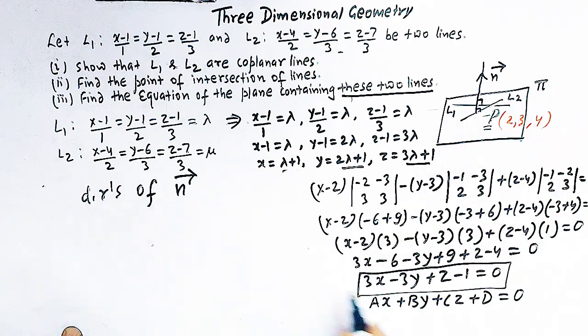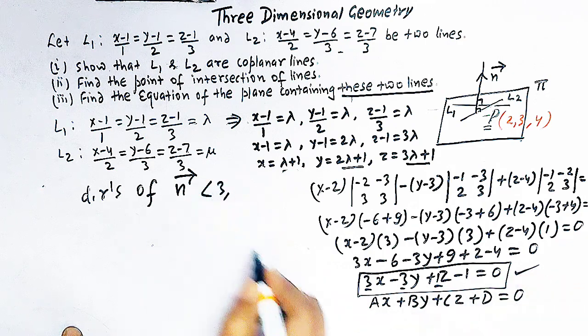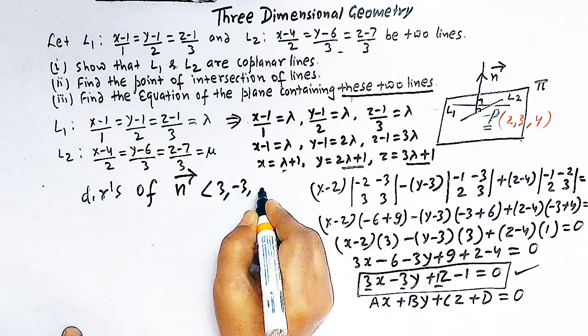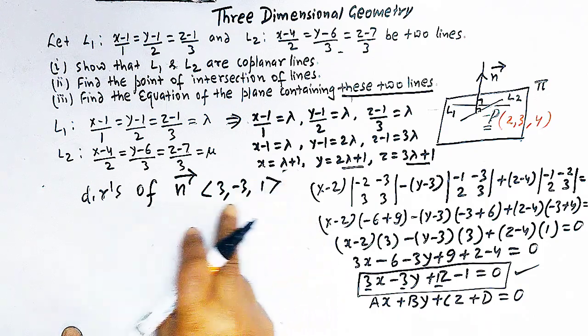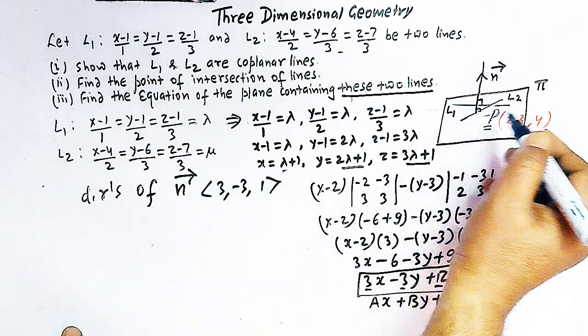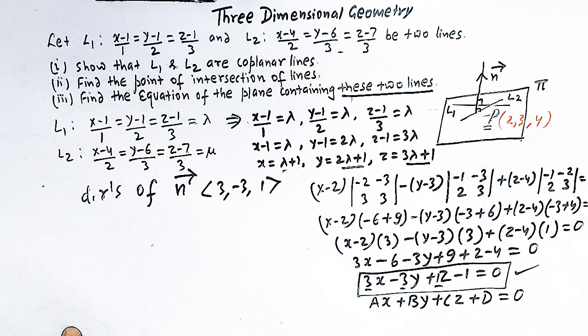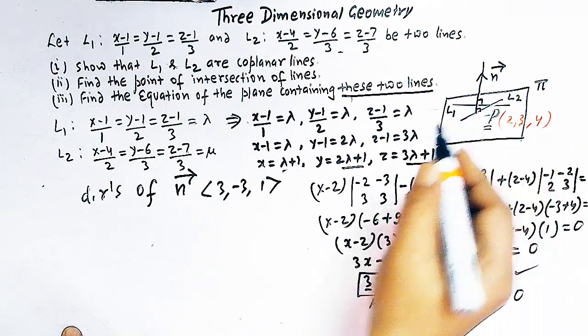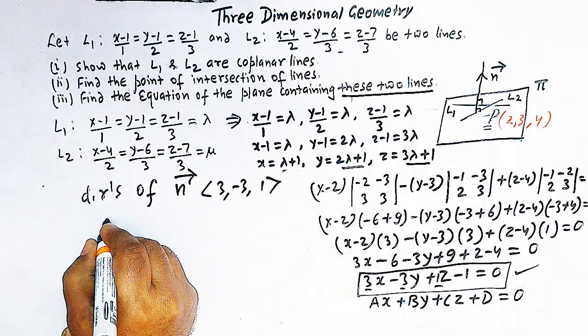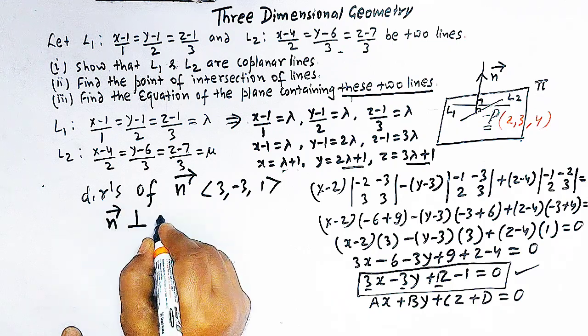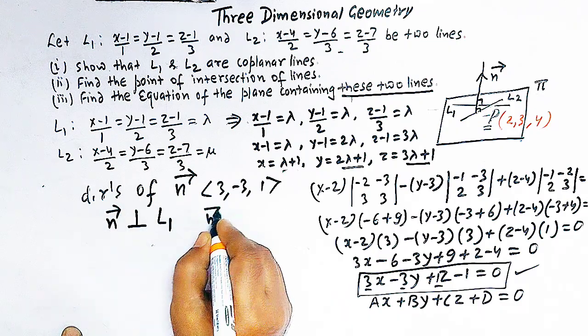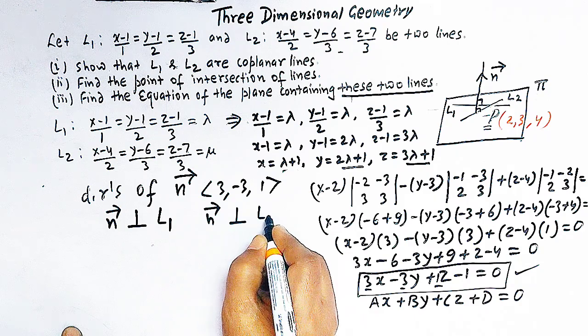And the direction ratios of the normal vector are given by the coefficients of x, y and z in the equation of the plane. So we have here 3, then minus 3 and 1. So these are the direction ratios of the normal vector to this plane pi. And remember, this normal vector n is perpendicular to both the lines, that is L1 and L2.